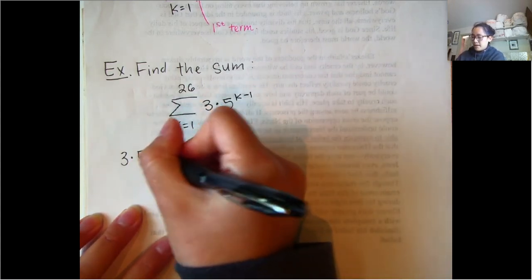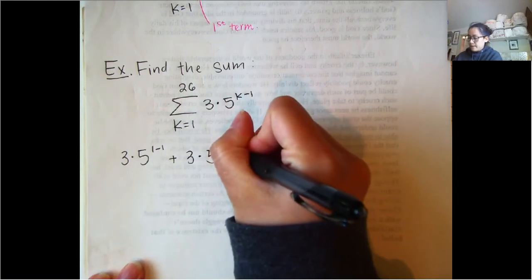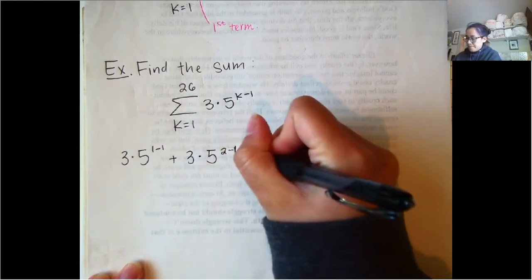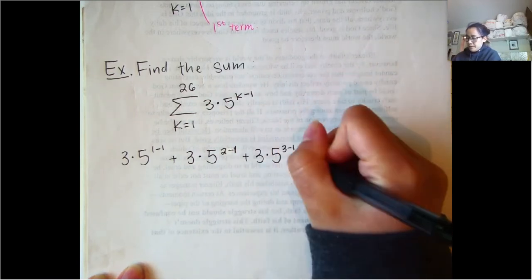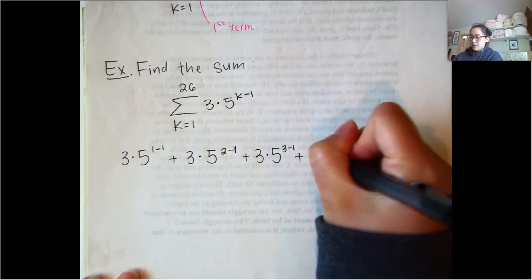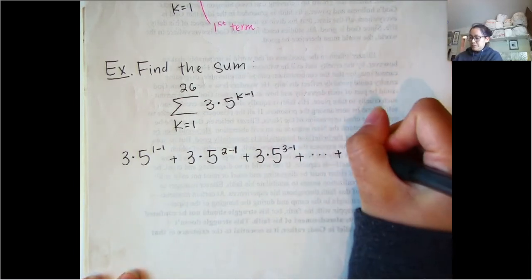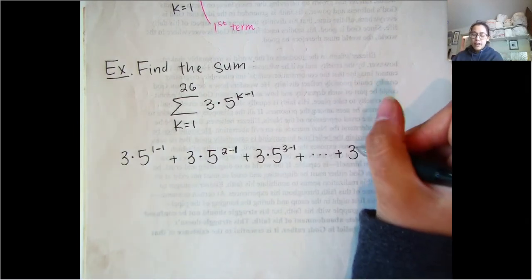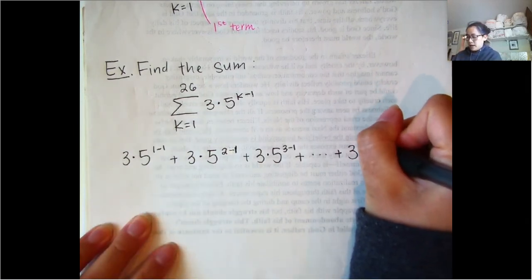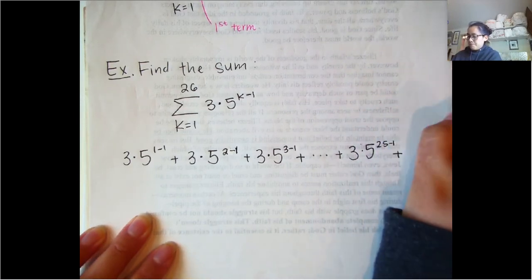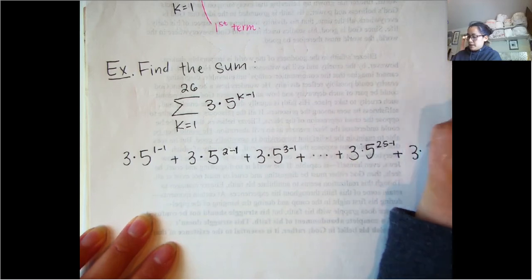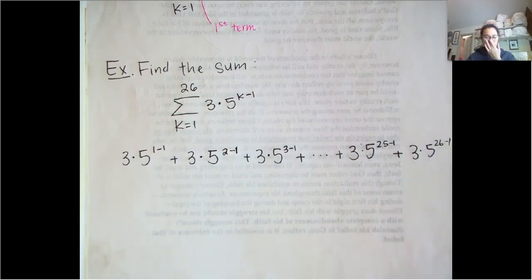We get 3 times 5 to the power of 2 minus 1, plus 3 times 5 to the power of 3 minus 1, plus dot, dot, dot, an ellipsis, plus the last two terms: 3 times 5 to the power of 25 minus 1, plus 3 times 5 to the power of 26 minus 1. This is the sum that we want to add up.